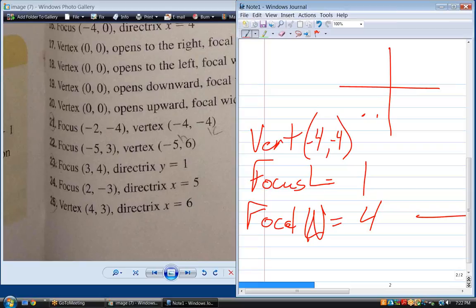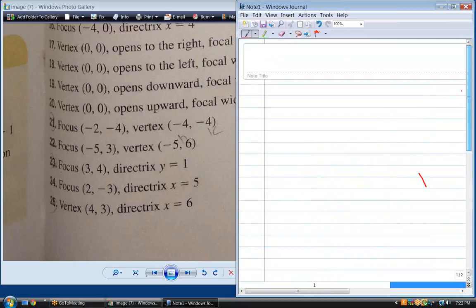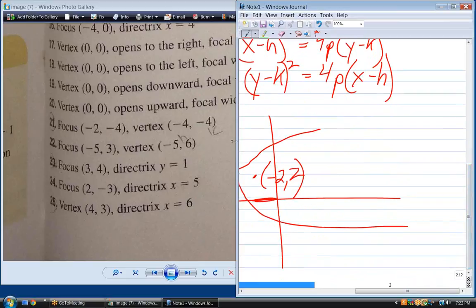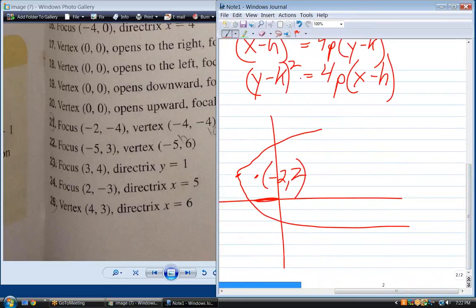That would be like a y squared, so it would open to the right. It opens to the right. In other words, I know with certainty, just from this information, that this is what I'm looking at. So I'm going to use the formula, the second one. Okay. There we go. So I'm going to use this one.